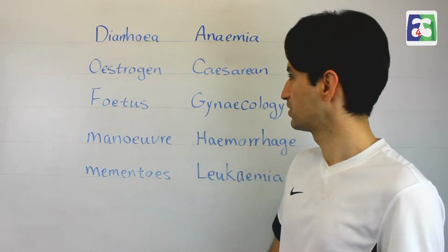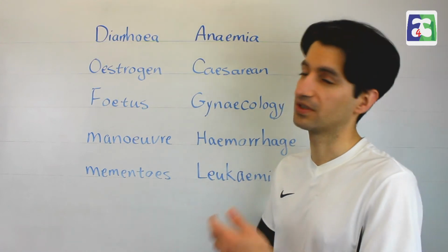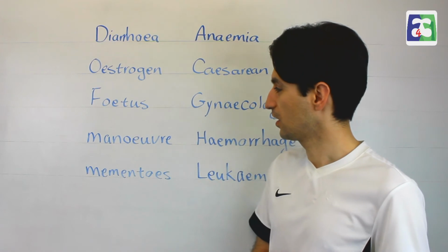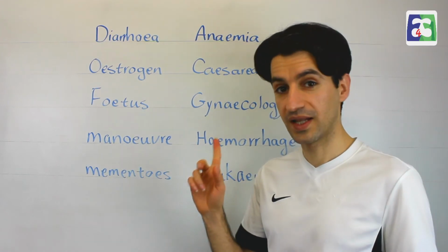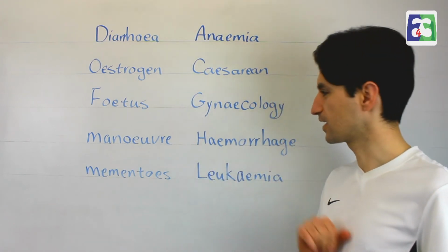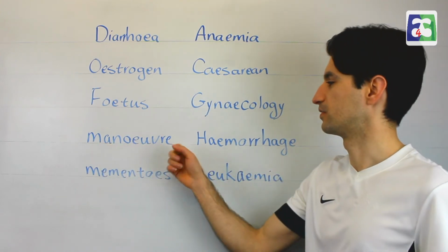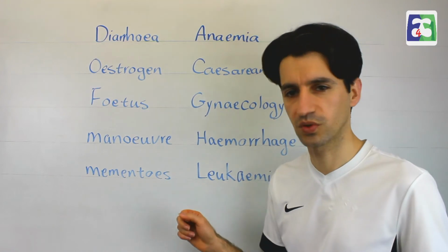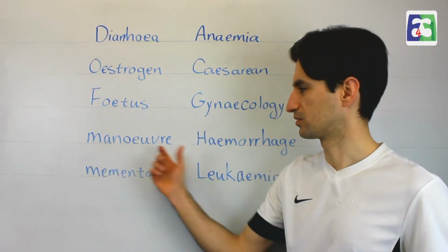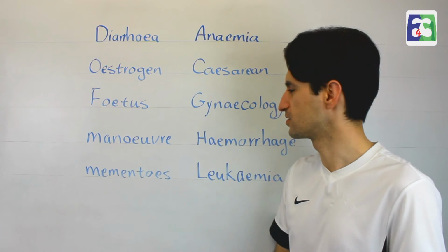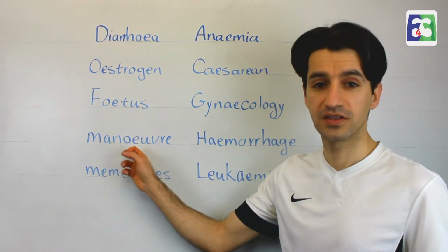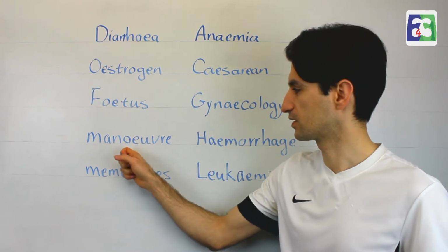All these words are used in both writing systems, except one of these, and that is maneuver, which I believe is a French word and has this spelling because of French spelling. It is a bit different in American English.